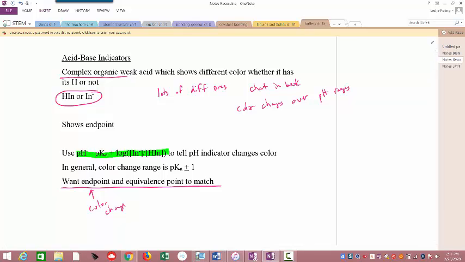You should notice that this is your Henderson-Hasselbalch equation. Okay? But in general, just find the pKa of the indicator and you'll know plus or minus 1 is going to be where you have your color change.